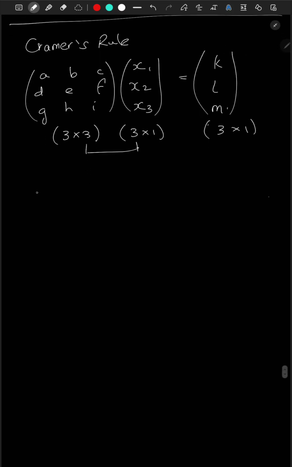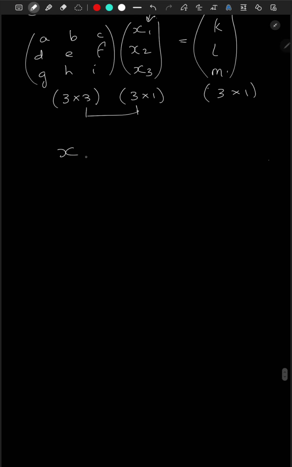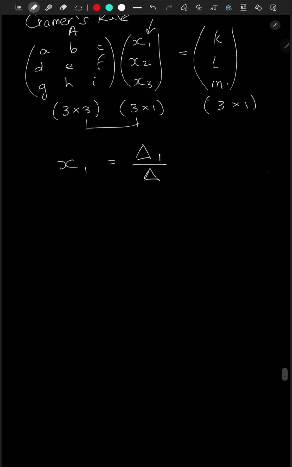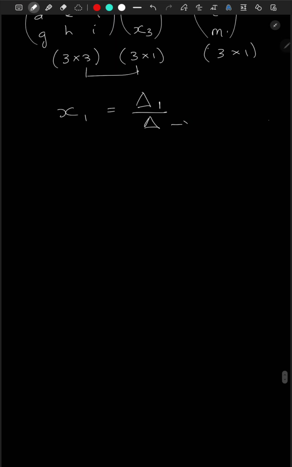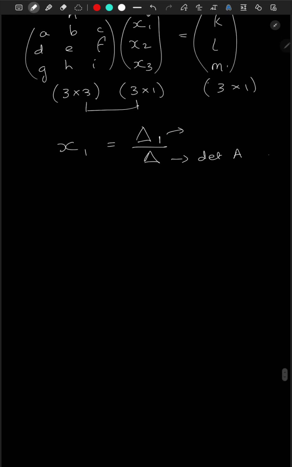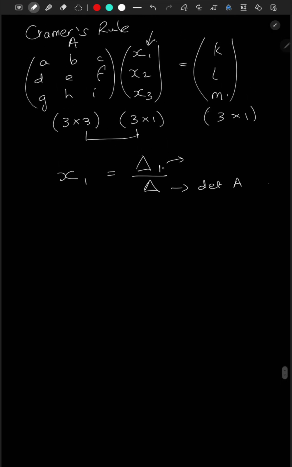So for Cramer's rule, we use this to find the 3 unknowns. Cramer's rule states that, for example, x1 would be the determinant of 1 divided by the determinant of this matrix. Let's call it matrix A here. So this is the determinant of matrix A. The determinant of 1 is for the value of x1.